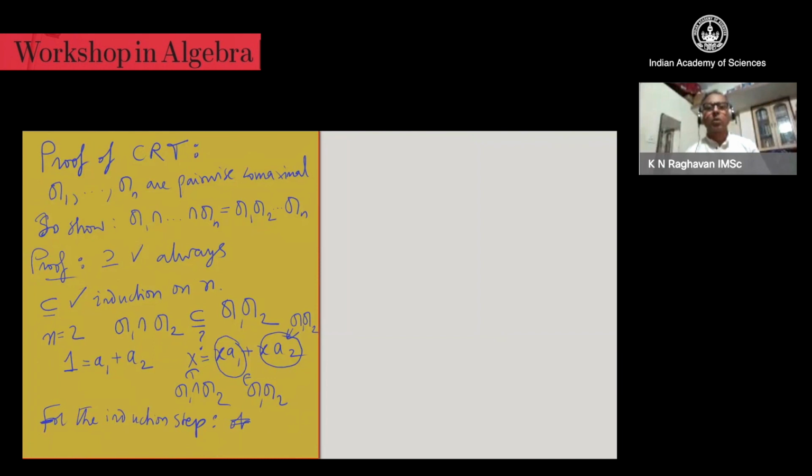What do we want to prove? A1 intersect A2 intersect dot dot dot intersect AN. This is what we want: A1, A2, AN.